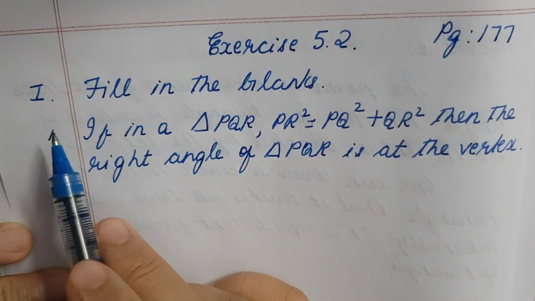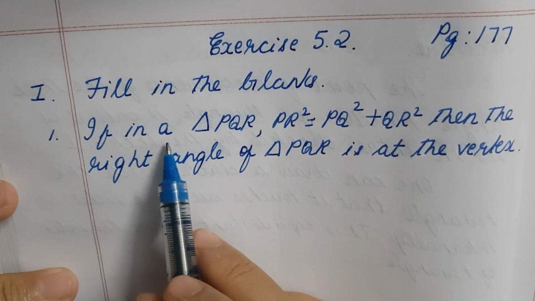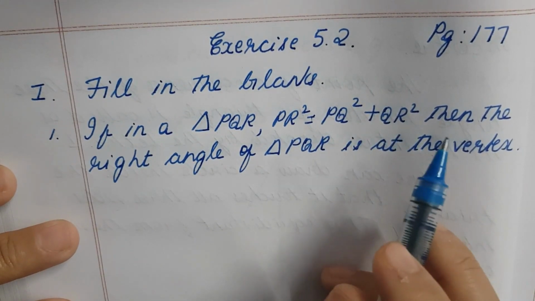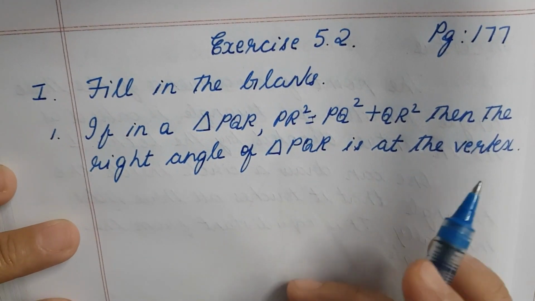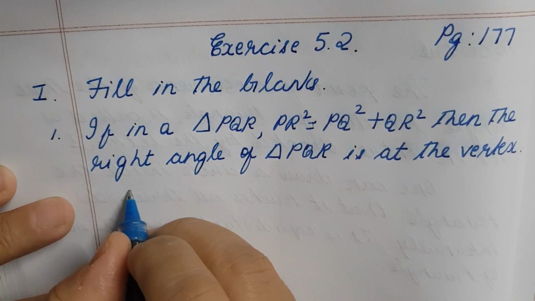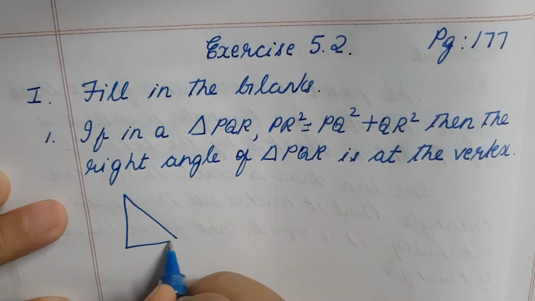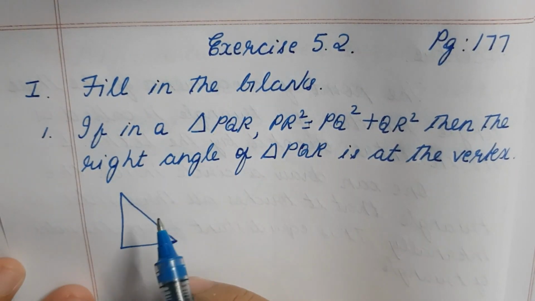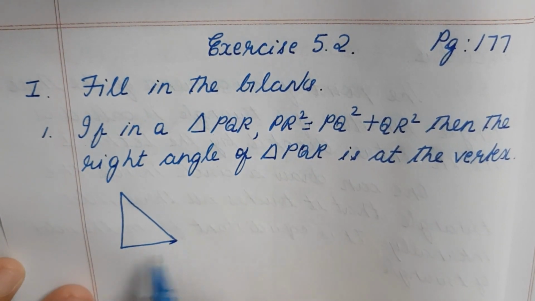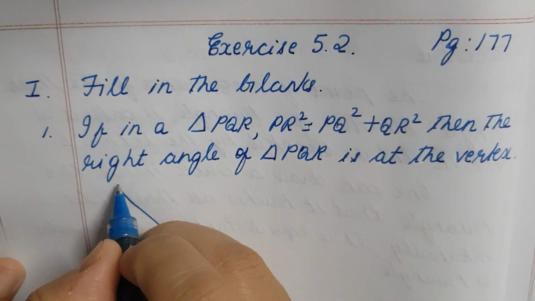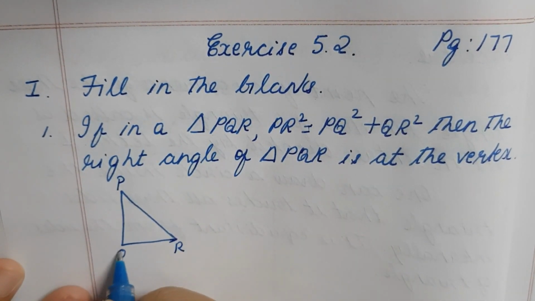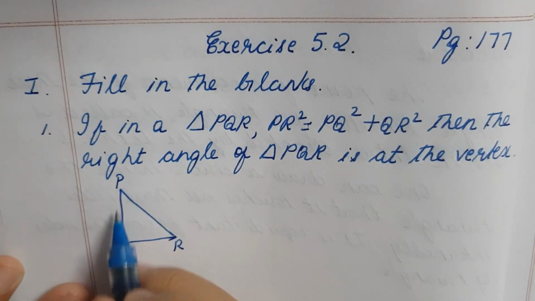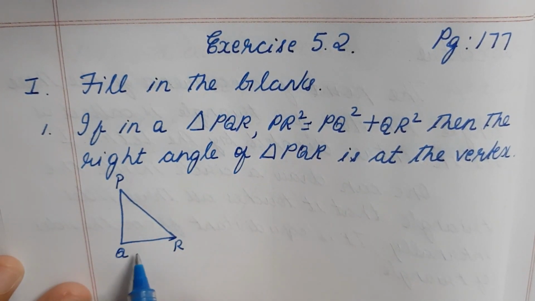Exercise 5.2. Sum number 1, fill in the blanks. The first subdivision: if in a triangle PQR, PR square is equal to PQ square plus QR square, then the right angle of triangle PQR is at the vertex. So now look, this is a triangle. From the formula we always know, the hypotenuse squared should be equal to the perpendicular squared plus the base squared. So since they have given PR square, this is the hypotenuse, and Q comes at this place. So PR square, the hypotenuse, is equal to PQ square, the perpendicular, plus QR square, which is the base.